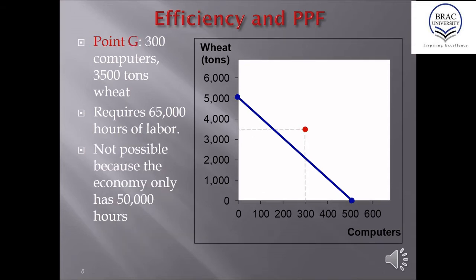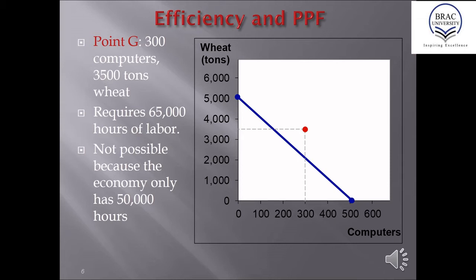Similarly, at point G, the country produces 3,500 tons of wheat and 300 computers. To produce 3,500 tons of wheat, the country requires 35,000 labor hours, and on the other hand, to produce 300 computers, we require 300 multiplied by 100, which equals 30,000 labor hours. So the total labor required to produce at point G is 65,000 labor hours.